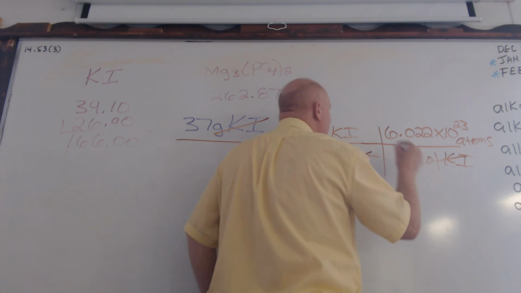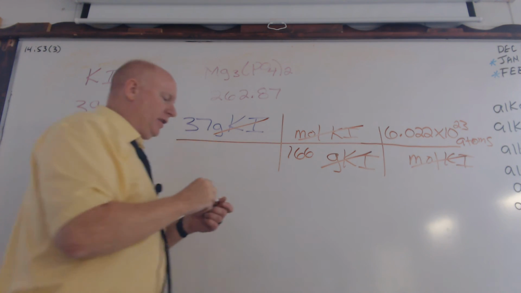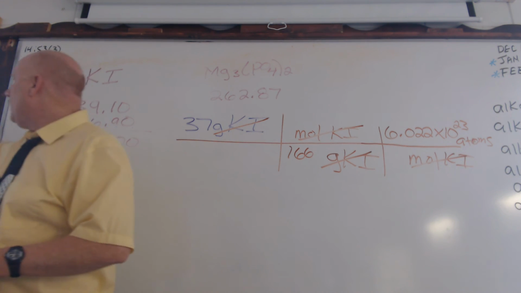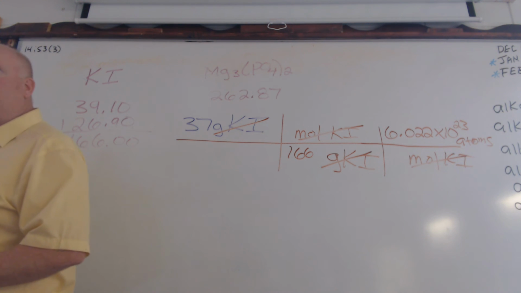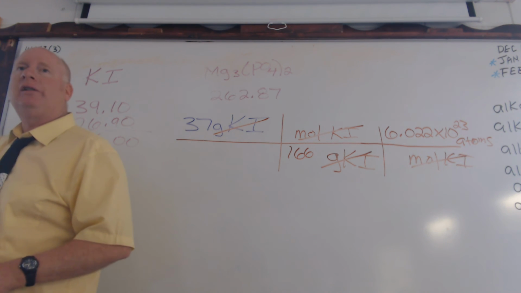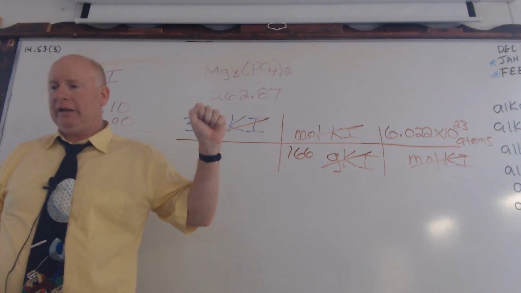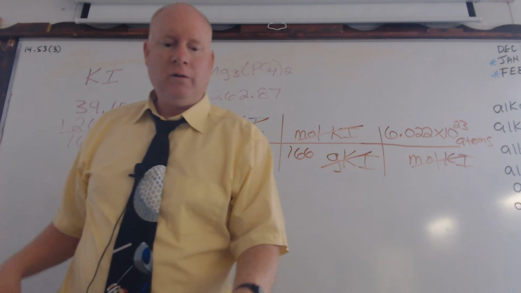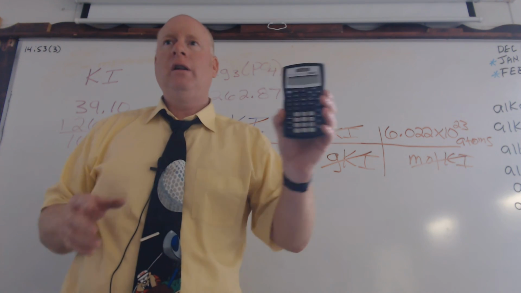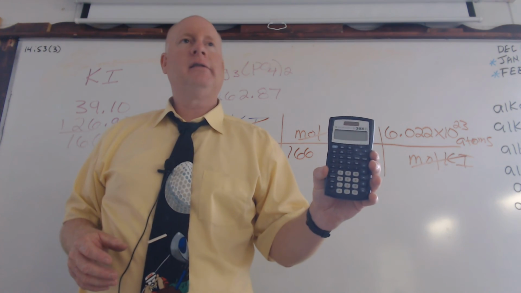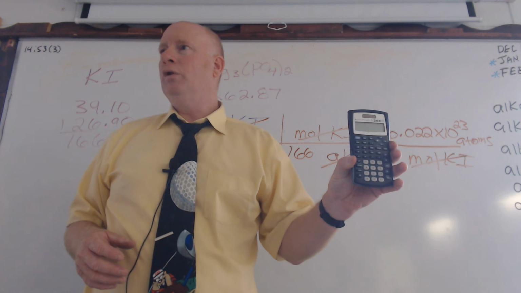Okay? Now, does anyone think they want to try to tackle this on their own? How to punch this into a calculator? Or should we do it together? Do it together. Okay. So, for some of you, if you have a calculator like this, we'll get you through it.